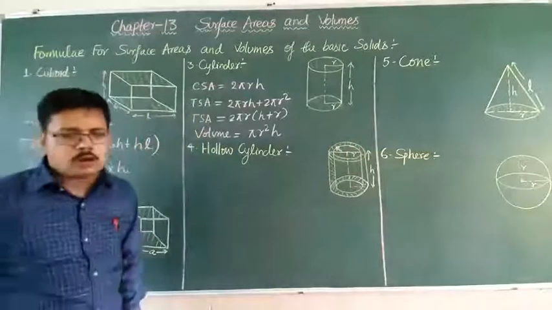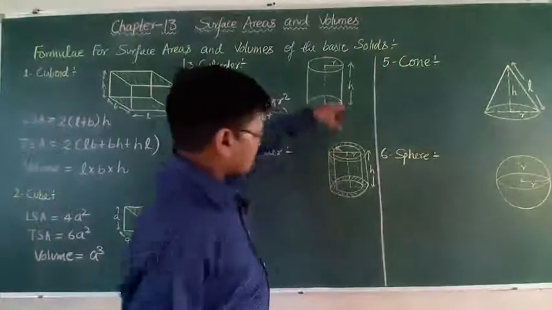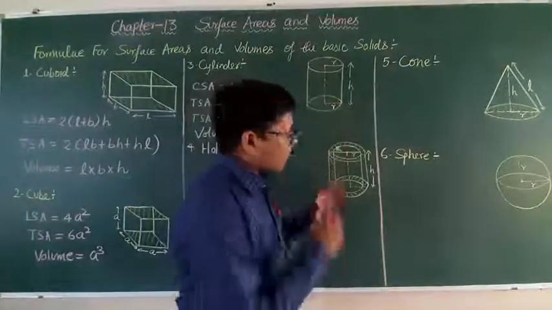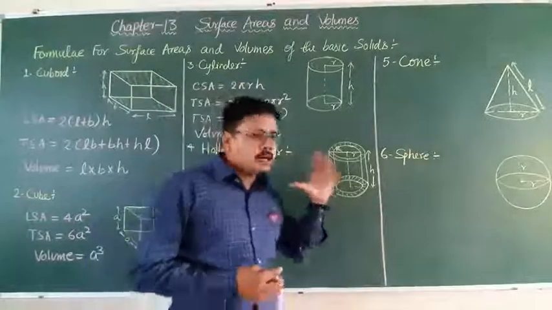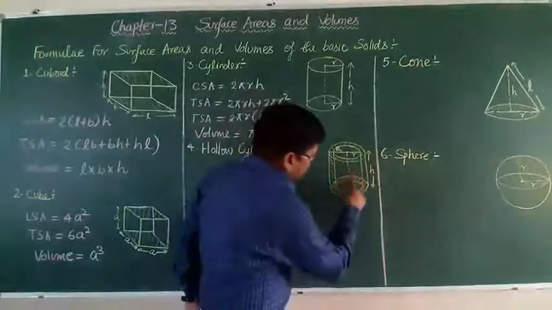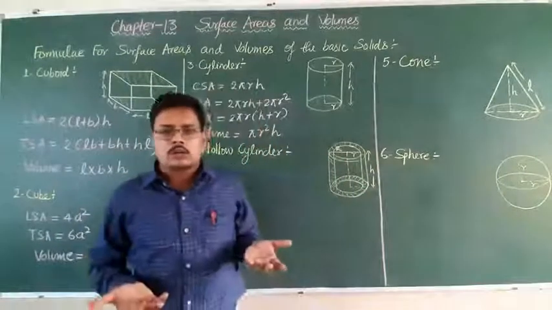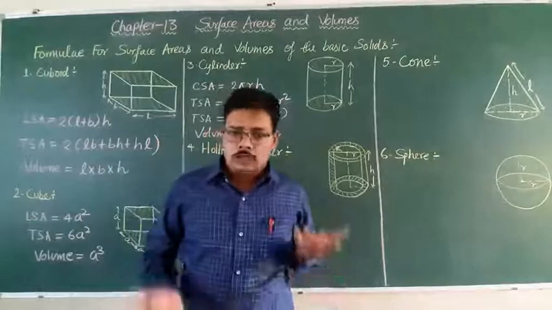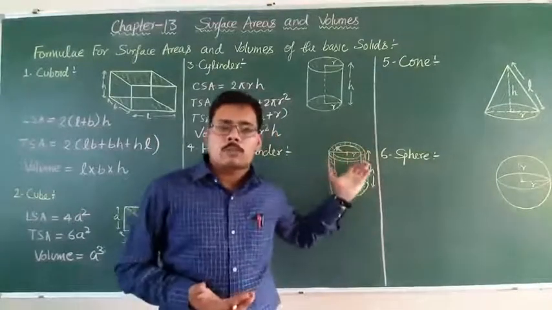Now students, for the hollow cylinder, suppose it is open from top and bottom and it has thickness. So it has two cylindrical shapes like this, internal and external also. So it has two CSAs also, as you know, curved surface area excluding top and bottom.